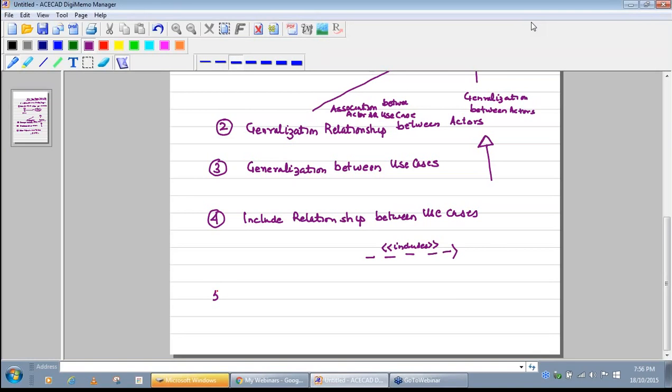And the fifth relationship is extend relationship between use cases. Here it is shown like this. The arrow remains the same. Only over the top of the arrow, the Guillemot shows extends. Now we will learn about each of these relationships one by one.